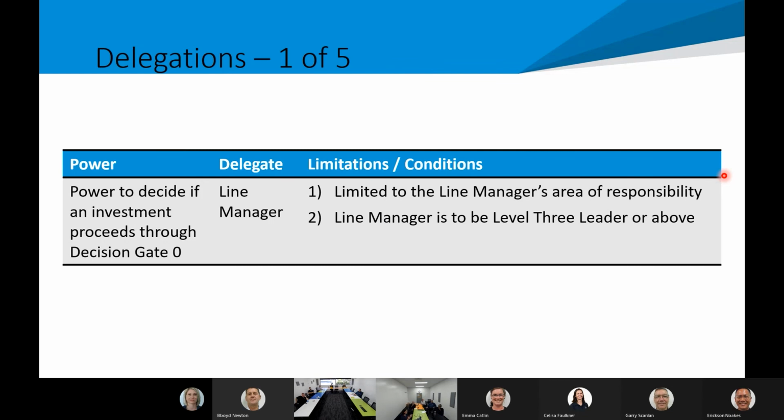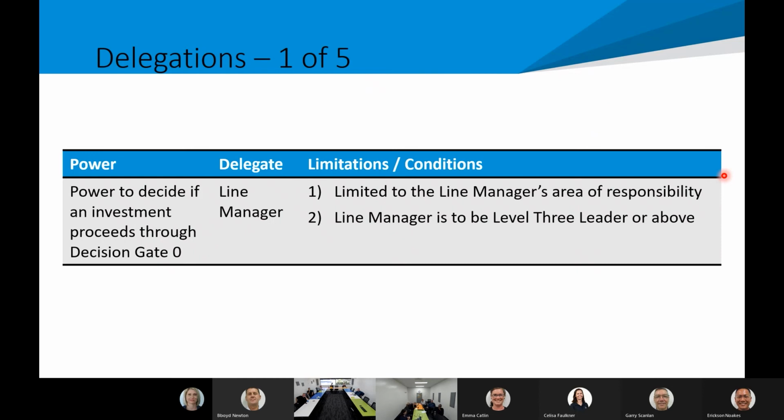Okay, so delegations is probably the core that sets the governance around this, and particularly all the different roles. So I'm going to explain these delegations, then jump into a few examples of how they practically apply and what the actual forms and templates are that you might expect to see.